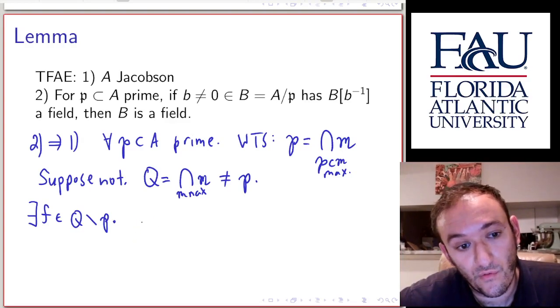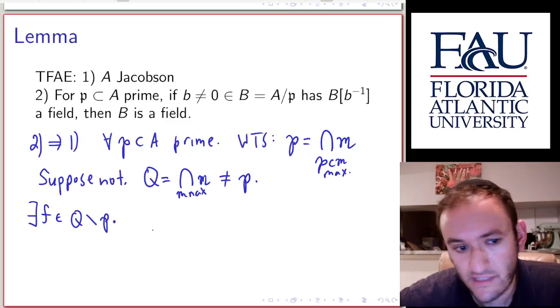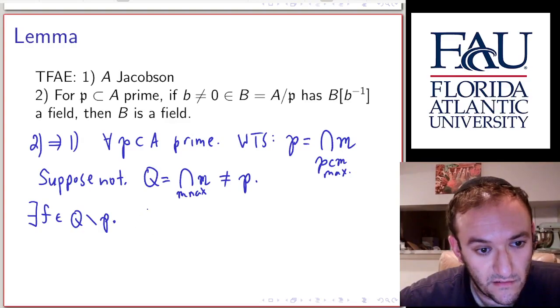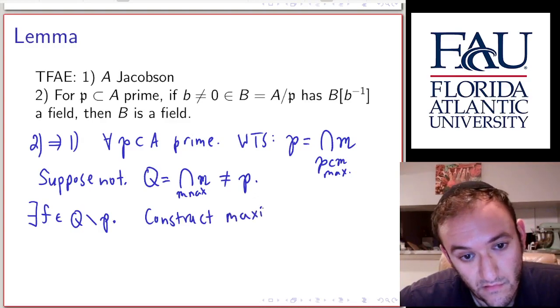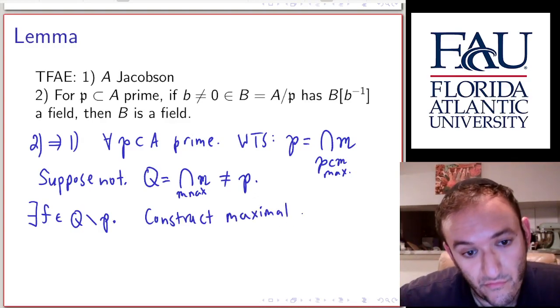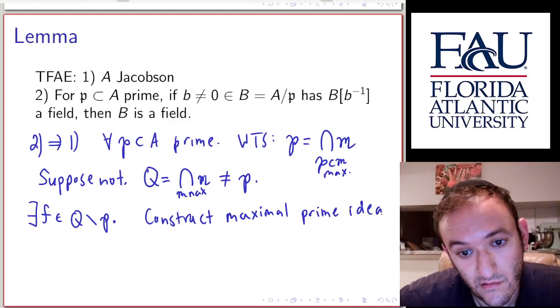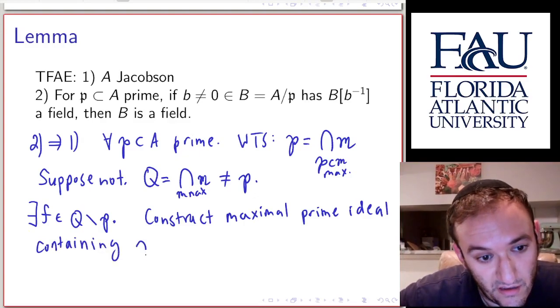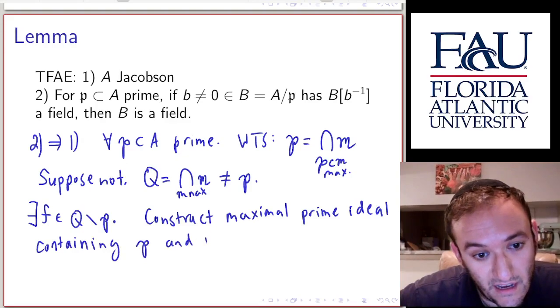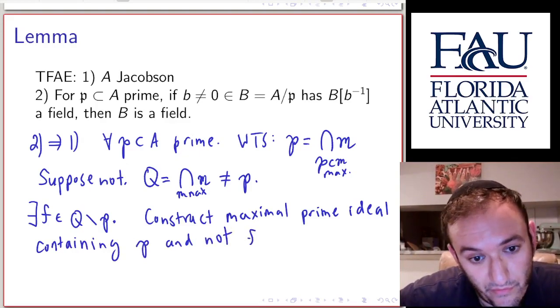And using Zorn's lemma, we can construct a maximal prime ideal containing P and not f.